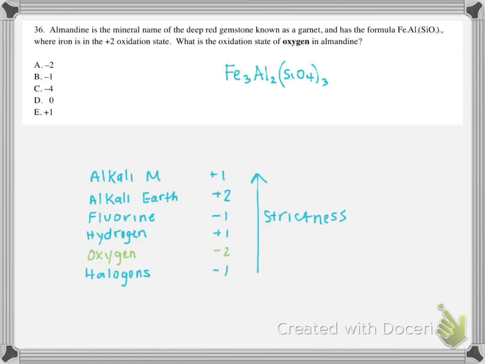And if we look here, none of these other three elements are any of those above oxygen on the list of preference. Okay, there are no other VIP elements to get oxygen to change. And so the oxygen's just going to be -2. It's kind of a lame problem, not going to lie.